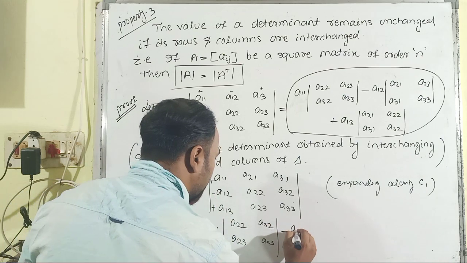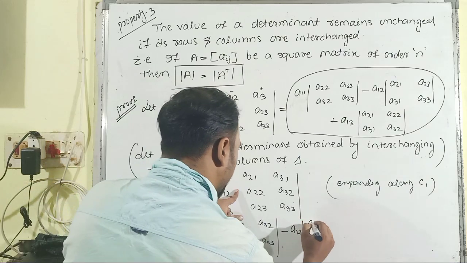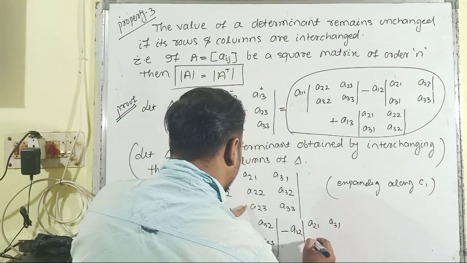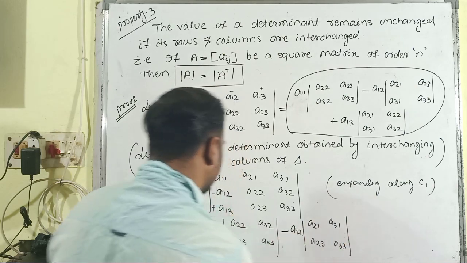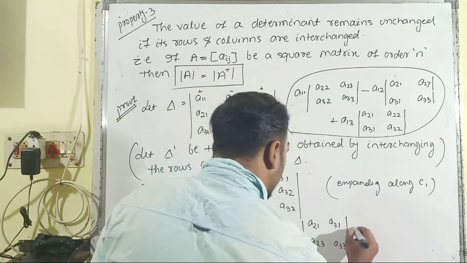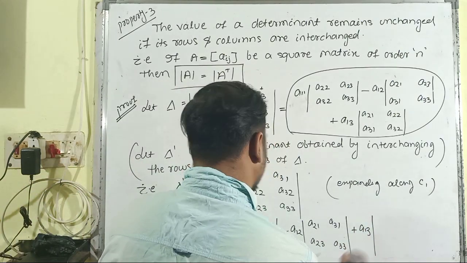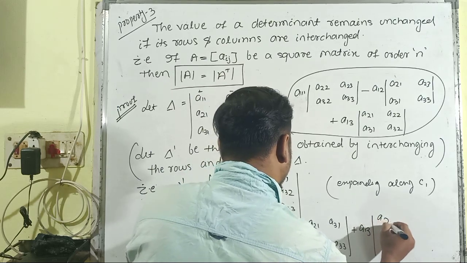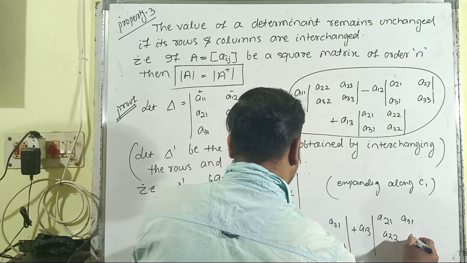Then minus the element a12, cancelling these elements, we have a21, a31, a23, a33. Then taking the element plus a13 multiplied with a21, a31, a22, and a32.